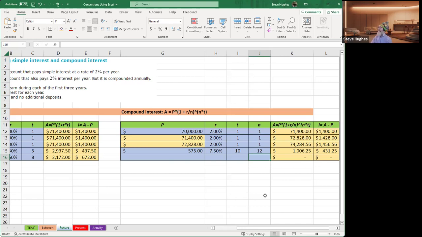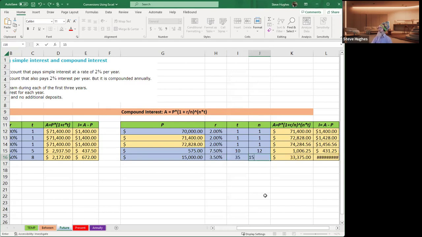So let's try one a little bit more fun. Let's suppose I put $15,000 into an account that is 3.5% interest, for 35 years, compounded monthly.